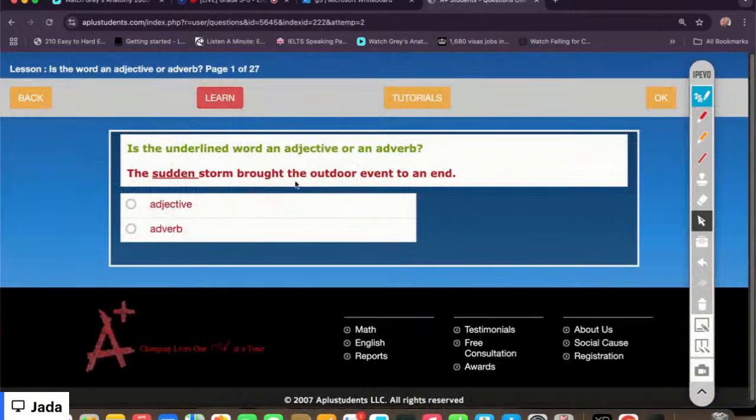So is the underlined word an adjective or an adverb? Okay, so we have what? Adjective.